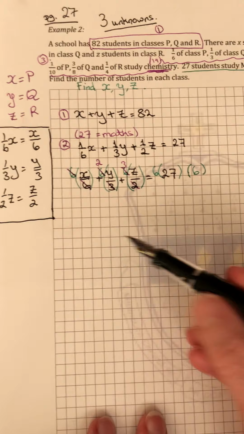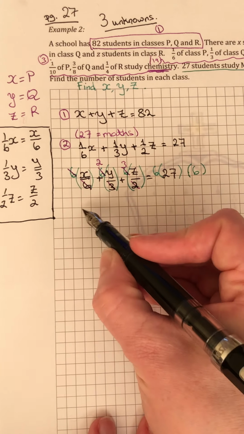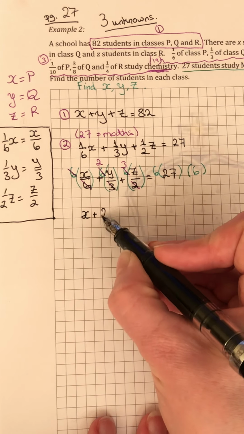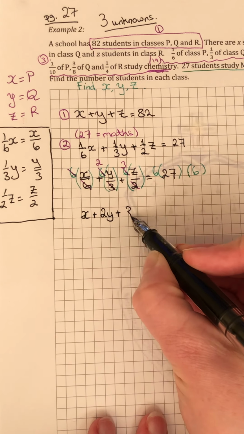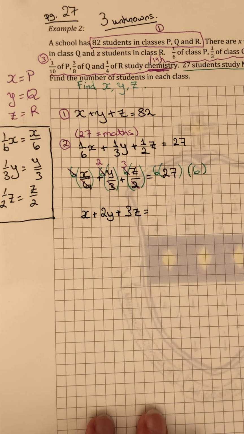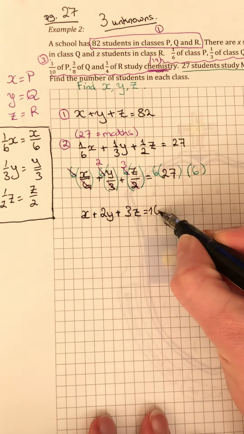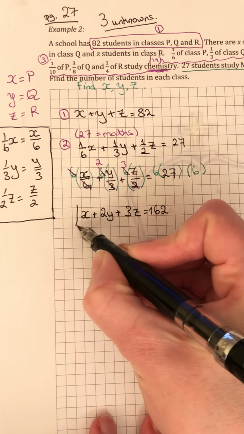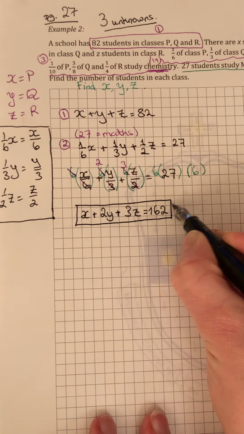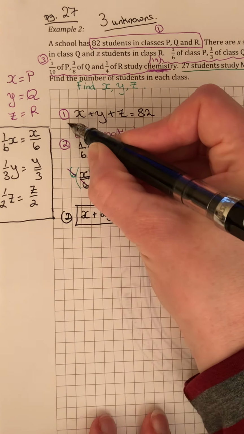And rewriting my equation, I get x plus 2y plus 3z equals 6 by 27, 162. And that is my second equation. So that's my equation 2.